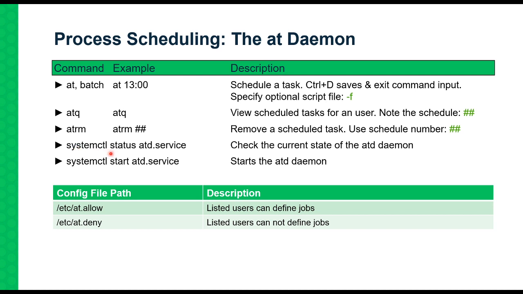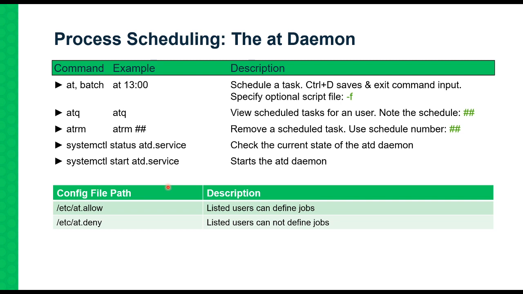So the command will be systemctl status atd.service, and then our systemd daemon will see if the command is operational. We can then start the at daemon if it's not started by systemctl start atd.service, and that will start the atd daemon to run this command for us.